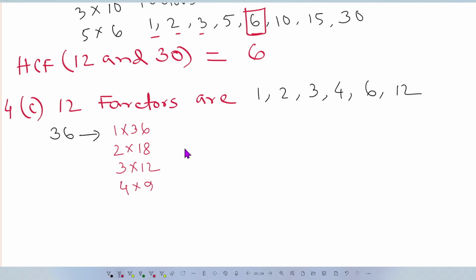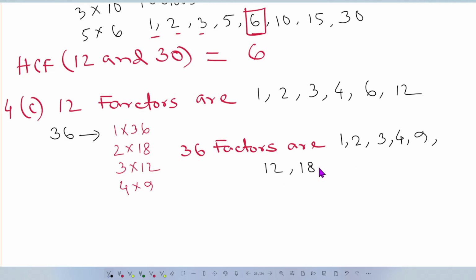So we can write factors of 36 are what? 1, 2, 3, 4, 9, then 12, 18, 36. So what is the highest one? Look, here the common ones are 1, 2, 3, 4 also.